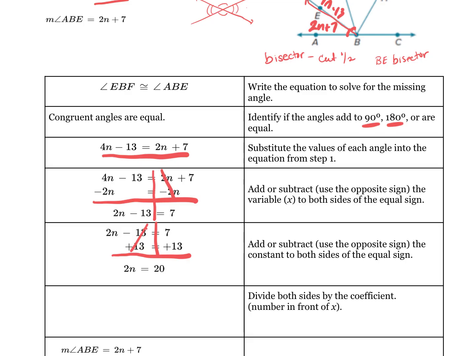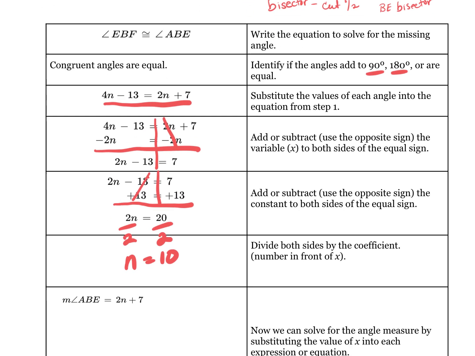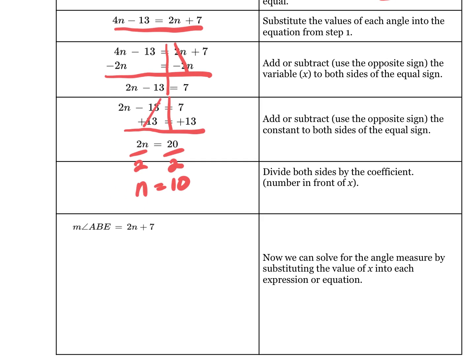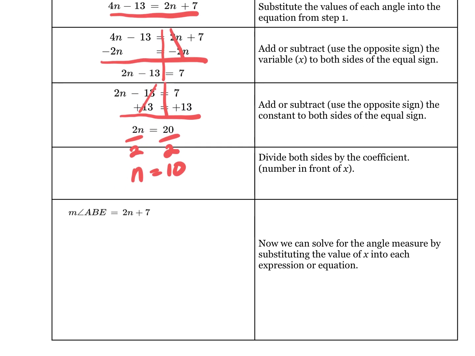And then our last step is always to divide. So I'm going to divide both sides by 2. So n is going to be equal to 10. Last step is always to substitute in your value of x or n or a, whatever your variable happens to be, to solve for the missing angle that it's asking for.